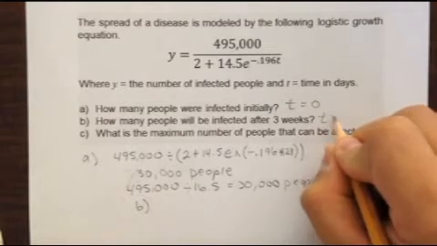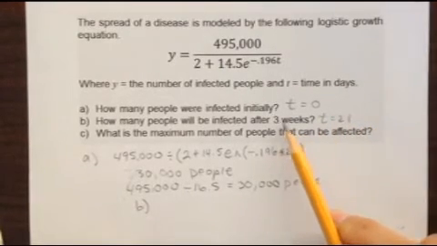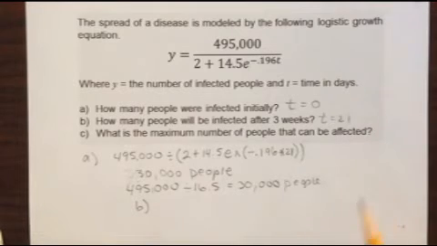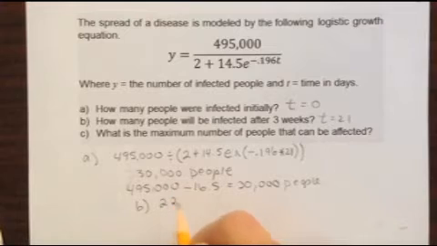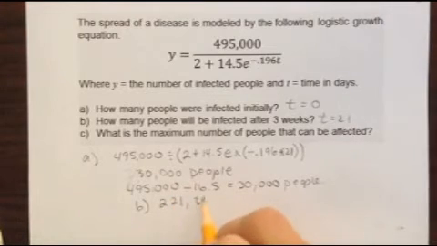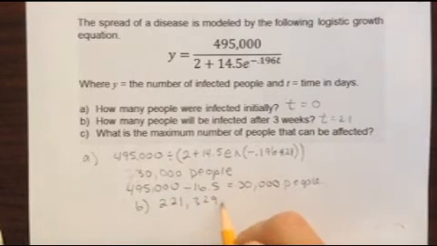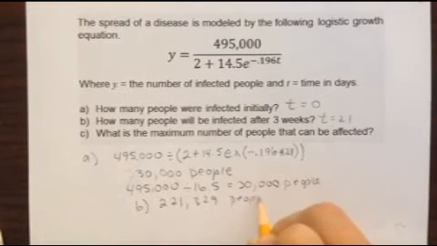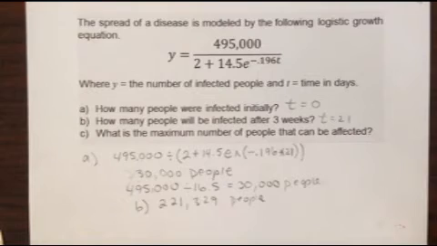So this is where T equals 21. It's 21 because 3 weeks is 3 times 7 days, and that's the number of days is 21. When you do that, you'll find you end up getting 221,329 people, just like that. I think it's actually got a decimal after it, but it's 0, so it doesn't end up being a problem.